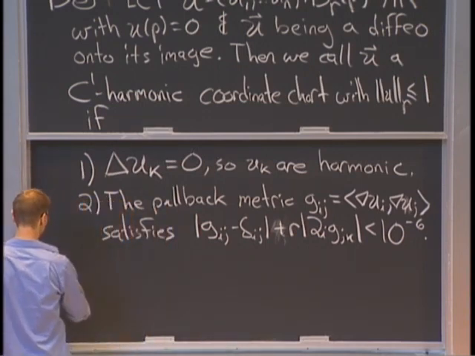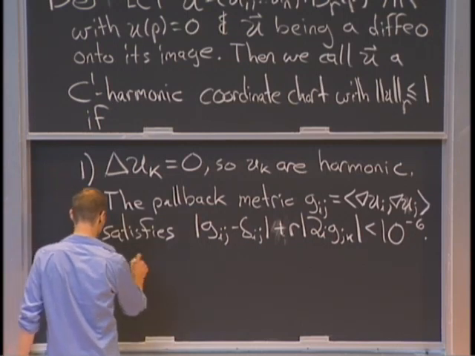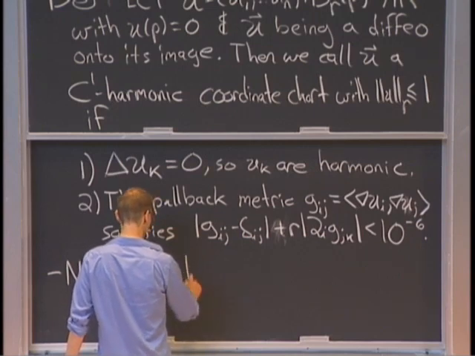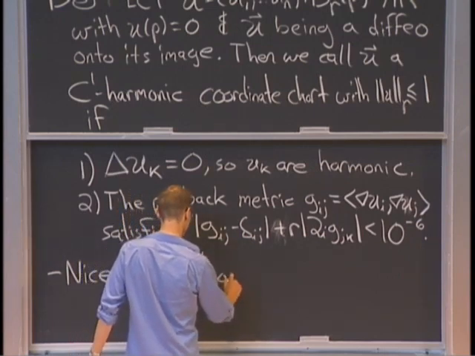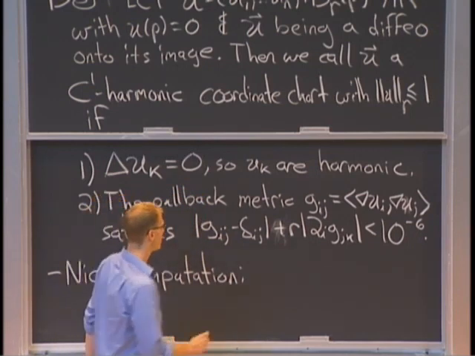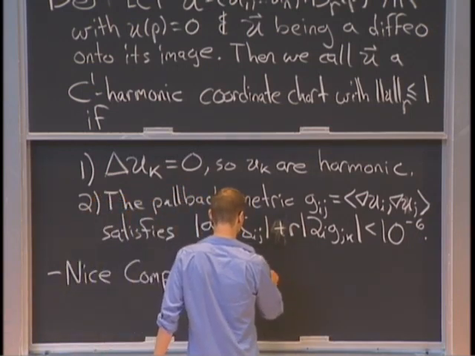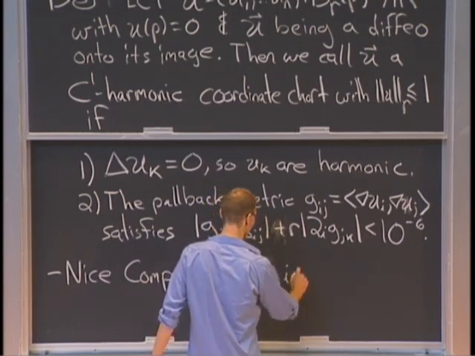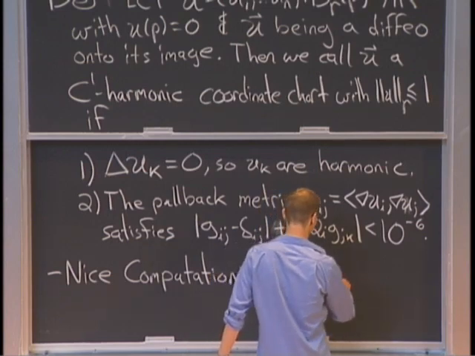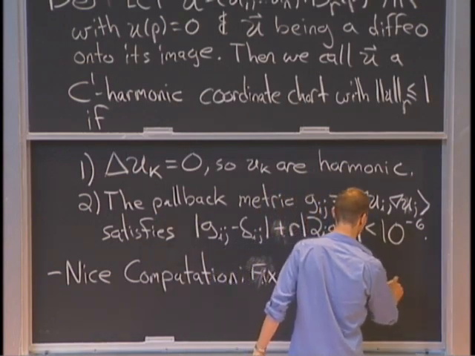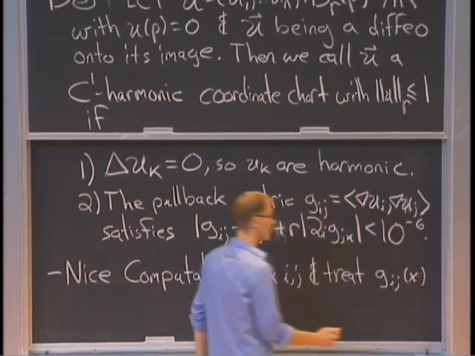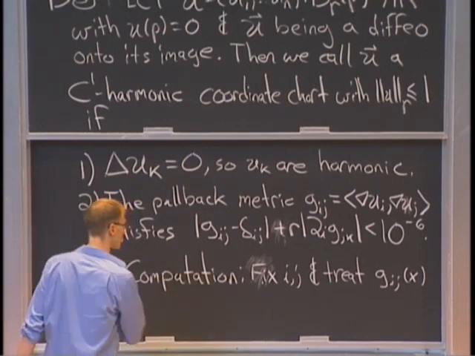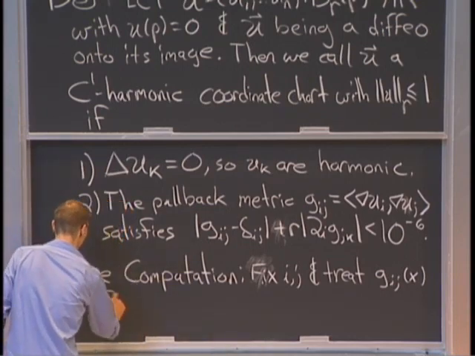So the following is a nice computation. It's basically just the Bochner formula being rewritten. If we fix i and j and treat Gij of x as a function on our coordinate chart, it's supposed to be a 2-tensor, but now we fix i and j and just treat it like a function.